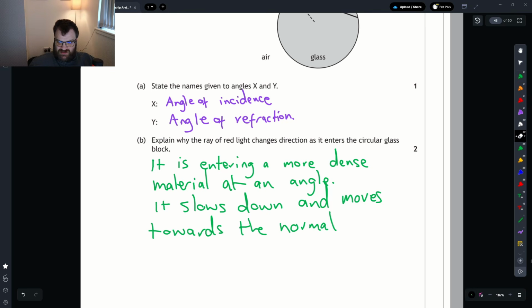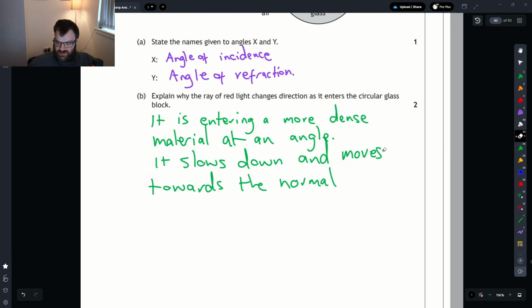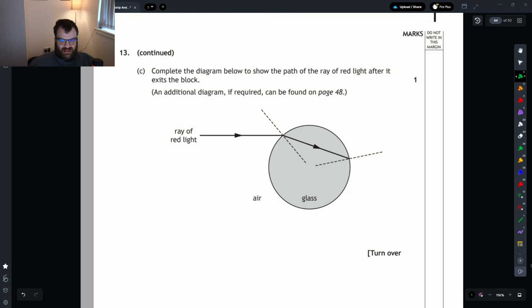Yes, the angle after it's refracted is smaller, so it's moving towards the normal. It refracts towards the normal. And then when it's coming out again, it would go further away from the normal, back to the original one.